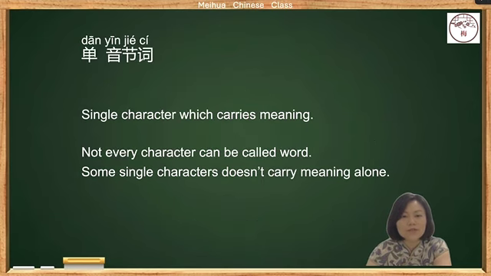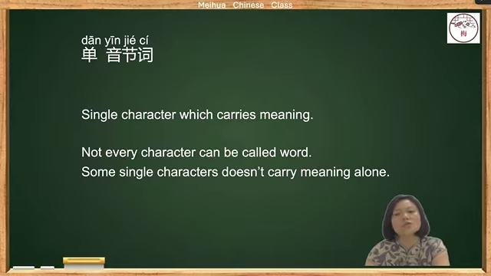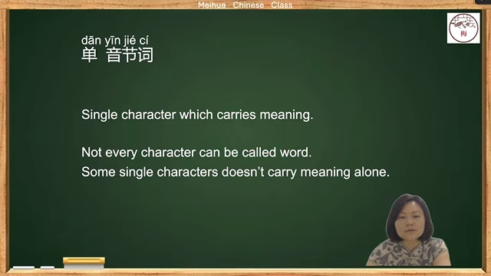We just mentioned not every Chinese character can be called a word if it doesn't have any meaning alone. So if it's a single syllable word, it can function as a separate element in a sentence or in a phrase.